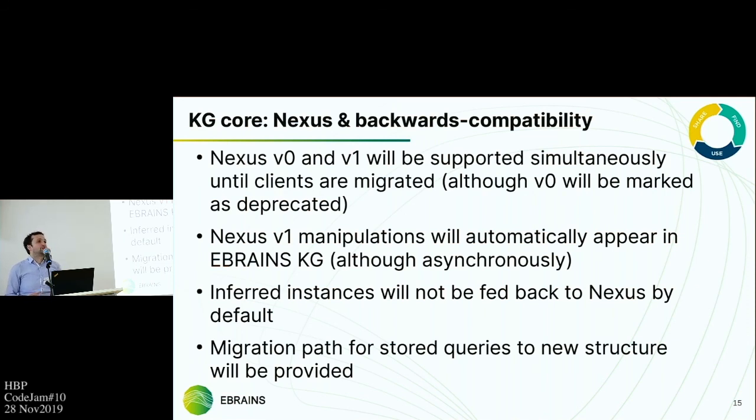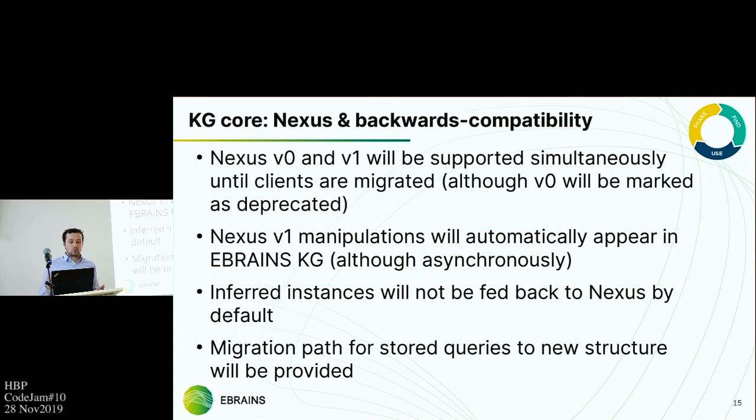For those of you that have integrated with Nexus already, with the Nexus API, don't worry. We are keeping compatibility, on one hand, with the current Nexus version 0 that we have, but we also will integrate soonish the Nexus version 1, which is the current version of Nexus. For those of you that don't know, Nexus is a graph solution which is built by the Blue Brain project and extensively used by SB6, but also by others.